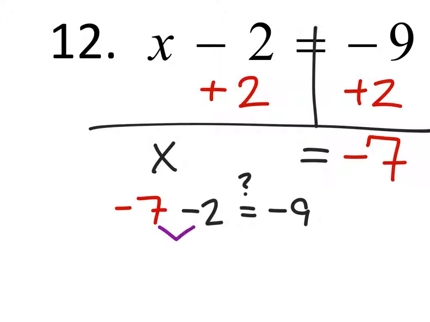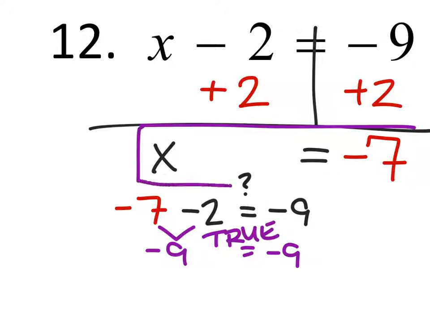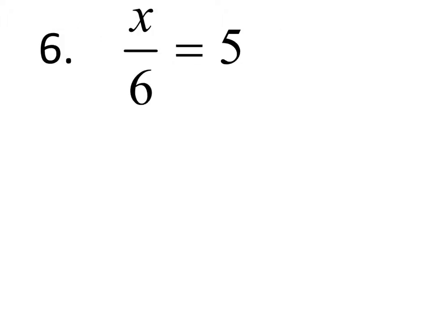So negative 7 minus 2 is negative 9. This is true. So we know that this is correct. x equals negative 7. So on 6 we got x divided by 6 equals 5. Now I said to divide by the coefficient, but we haven't learned how to deal with fractions yet. So on this one we're going to use inverse operations. This is division right here.